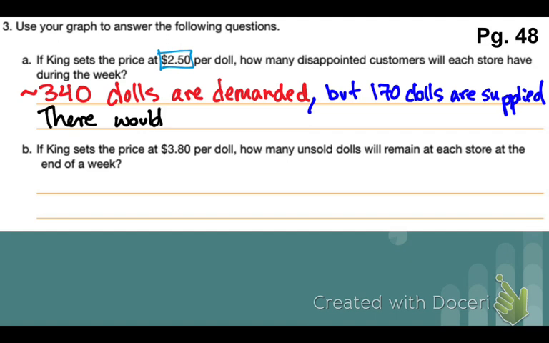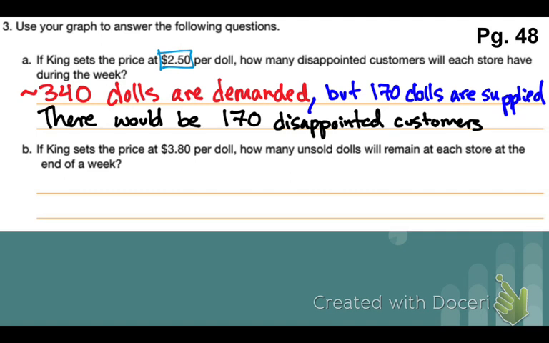So there would be about 170 disappointed customers, because we did 340 minus 170.